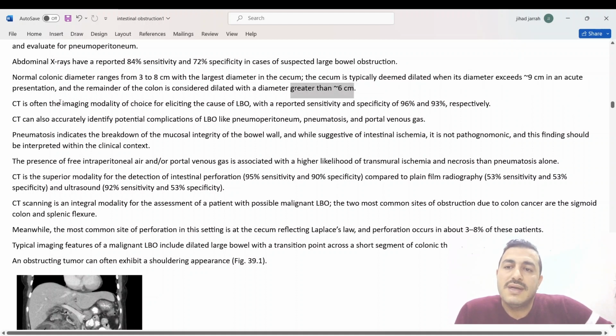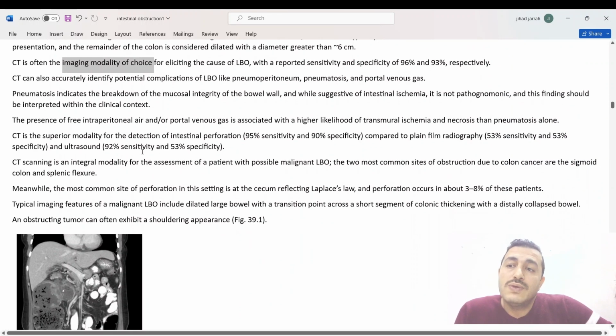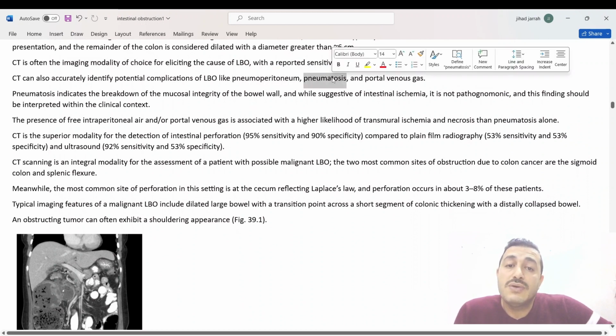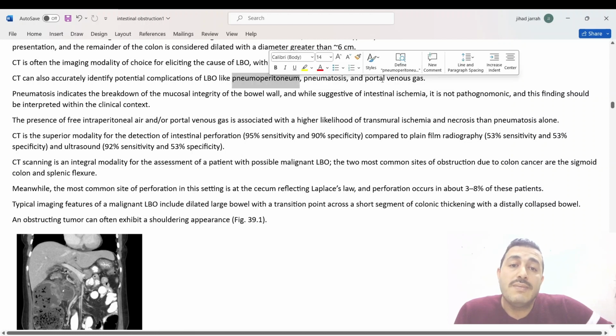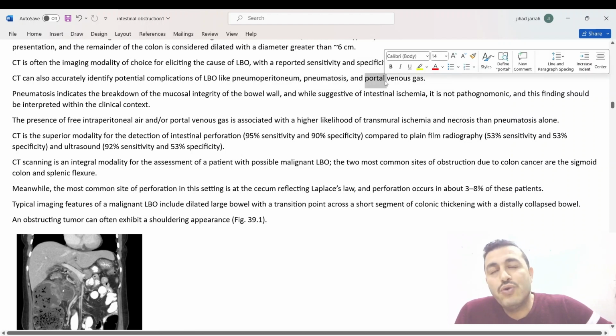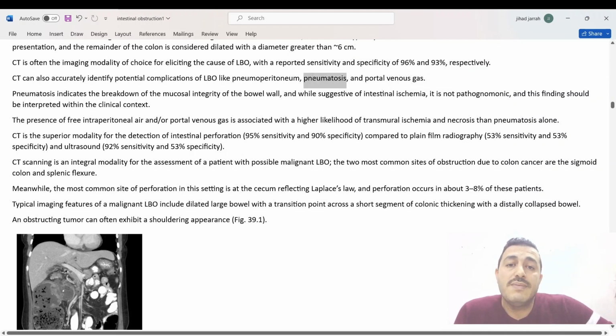The CT, we said, is the modality of choice in intestinal obstruction, carrying a high sensitivity approaching the 90s, and specificity. Also, CT scan can help us in picking up pneumoperitoneum, pneumatosis intestinalis, and portal vein gas. Pneumoperitoneum and portal vein gas are more specific for perforation or strangulation, while pneumatosis intestinalis is not specific.